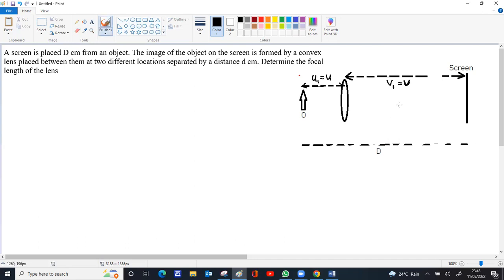So it's pretty clear, v plus u is equal to D. V1 plus U1, which is v plus u, is equal to D.